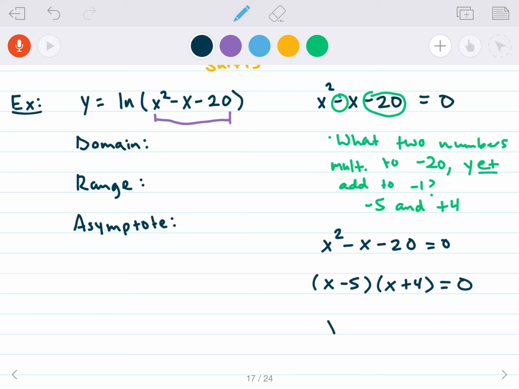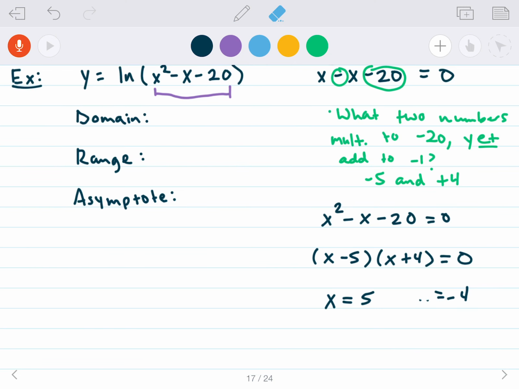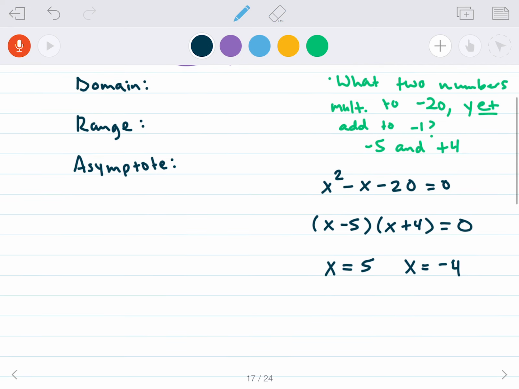So what we get when we set each of these equal to 0 is x equals 5 and x equals negative 4. And what I'm going to do is put these things on a number line, and they're going to act like my test points. So here's negative 4, here's 5.